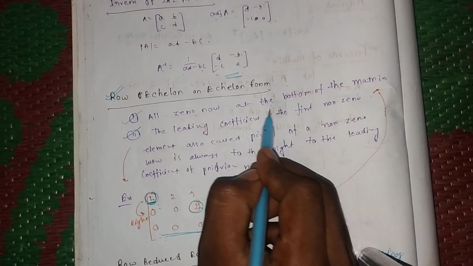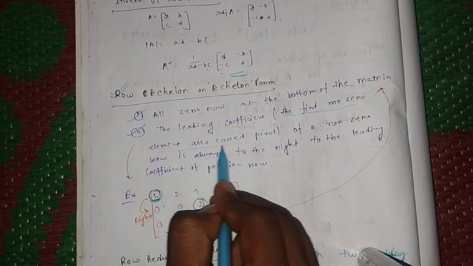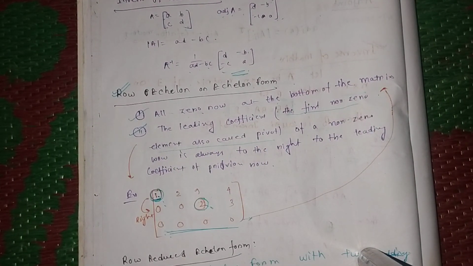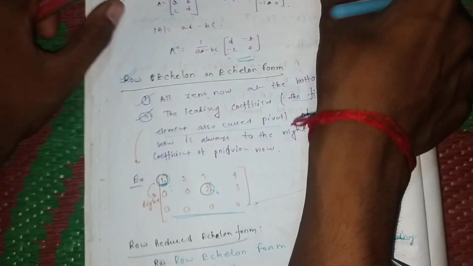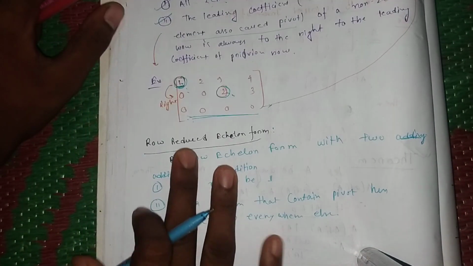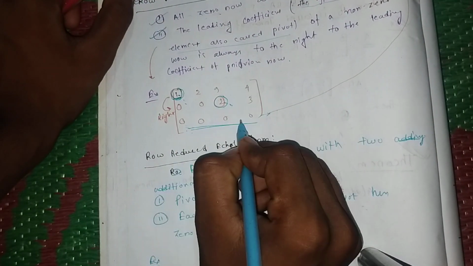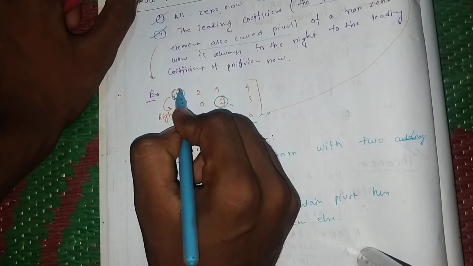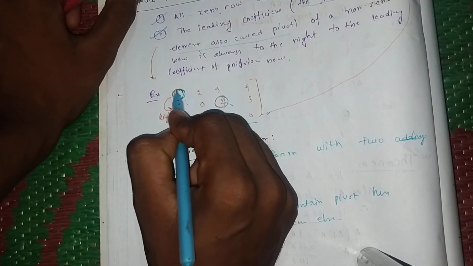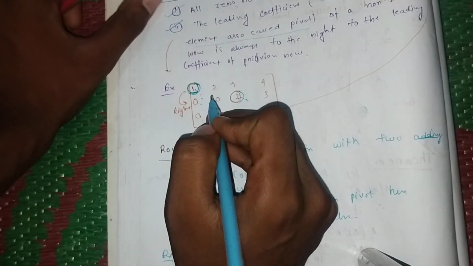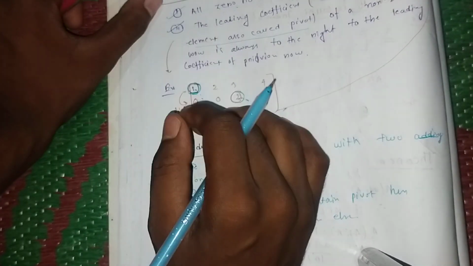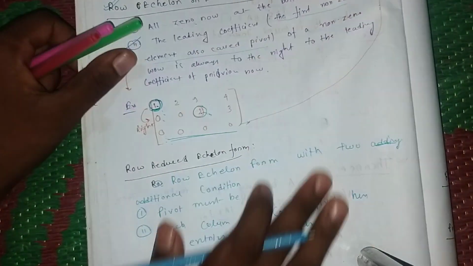The first non-zero element is also called the pivot. You can take an example. This is a row echelon form. Why? Because there is a zero row which is at the bottom, and this is your first non-zero coefficient, and the second non-zero coefficient is to the right of it, and these two conditions hold, so that's why it is a row echelon form.